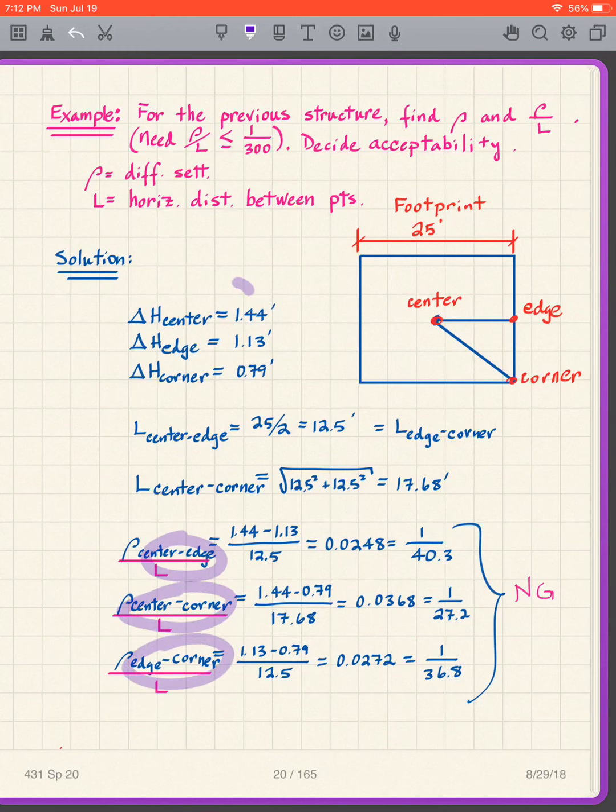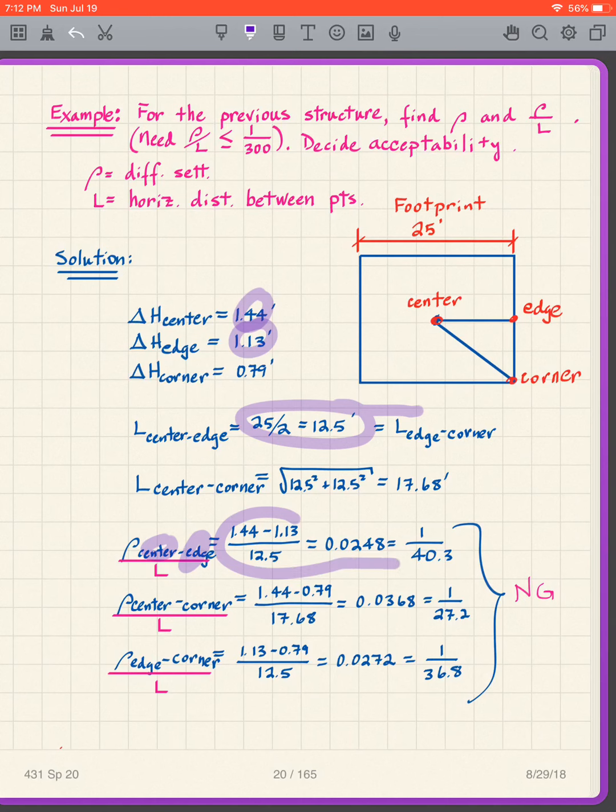All right, so here are the calculations. These are the values we just came up with, and now we just plug those in. Center to edge, and here's the L. We have 1 over 40.3.